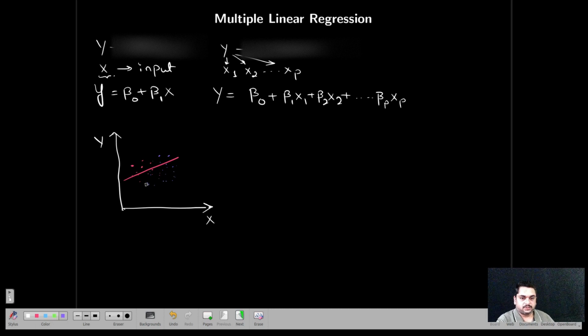So this will create another regression line like this. So there are different features, different inputs. Previously in simple linear regression, it is dependent on only one variable x. Here there are multiple variables like this. So this is called multiple linear regression.